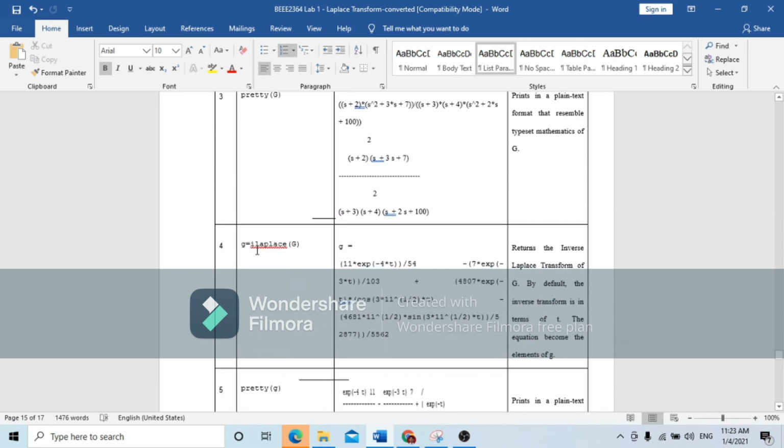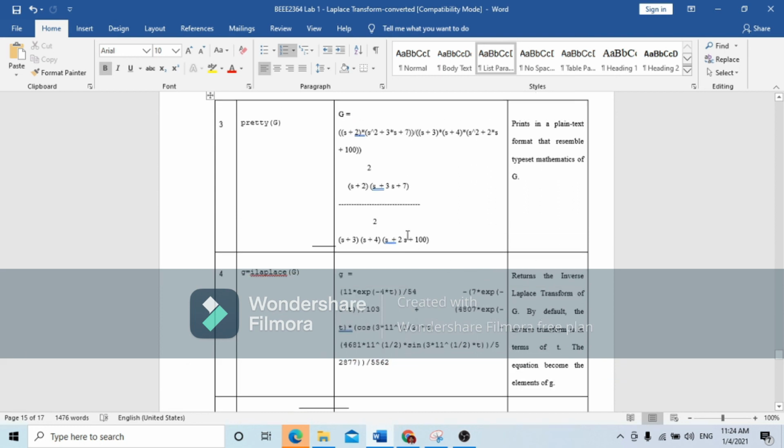Then ilaplace, i means inverse, to change from frequency domain to time domain. So change from S to T, so the output will become T, no more S.